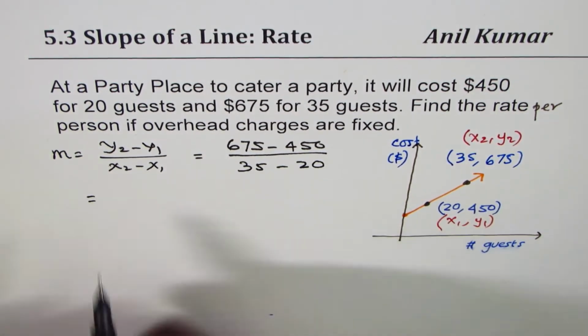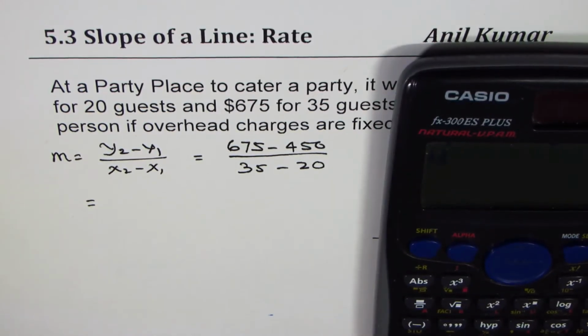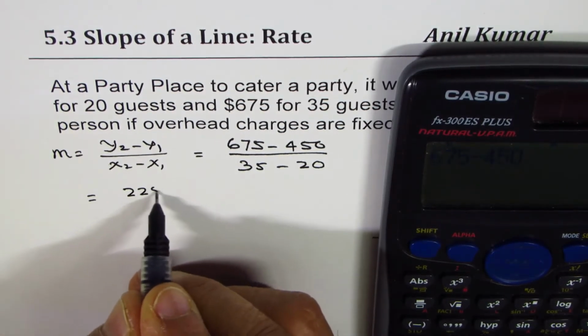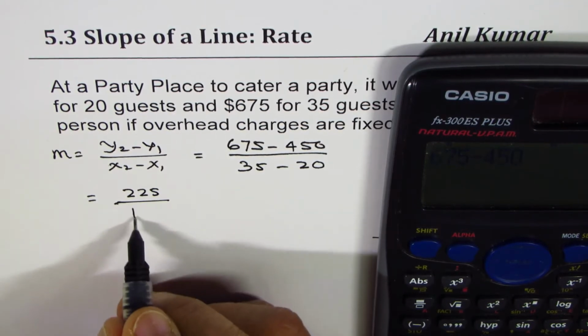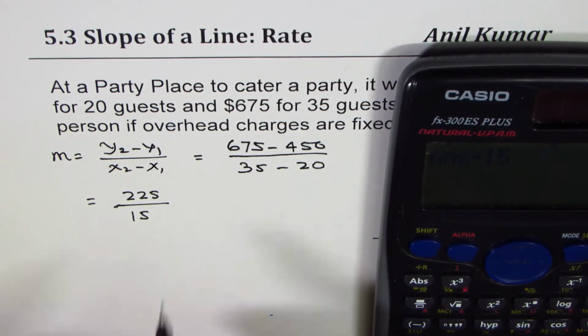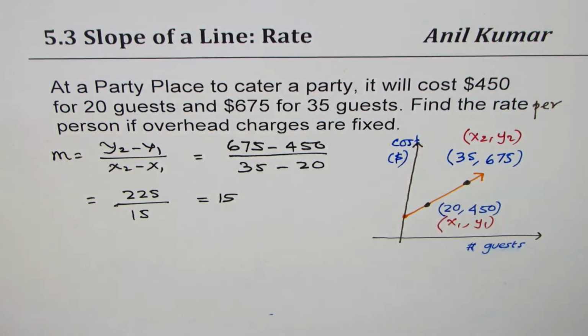So let's use the calculator. 675 take away 450 equals 225, over 15, since 35 minus 20 is 15. We divide and get 15. So the slope is 15.